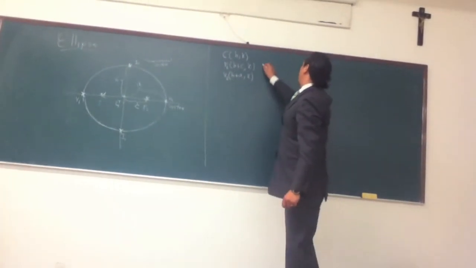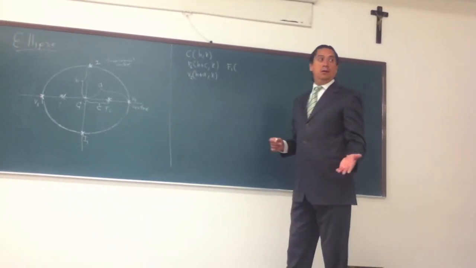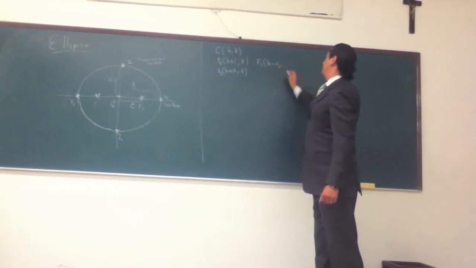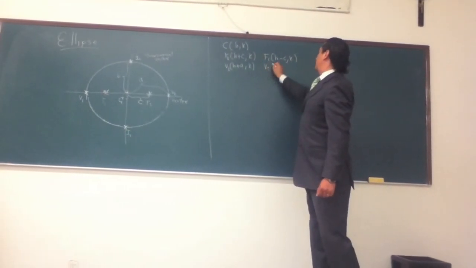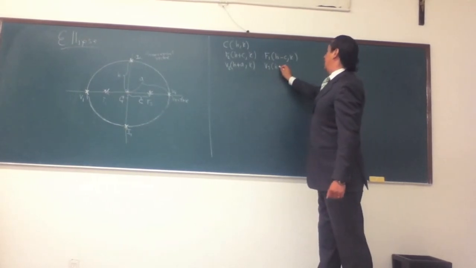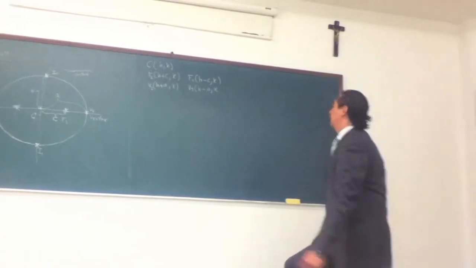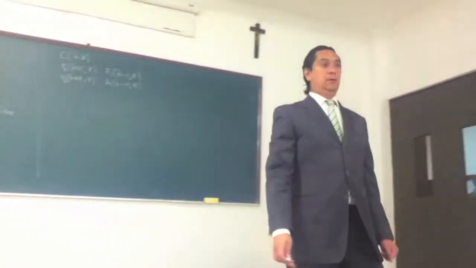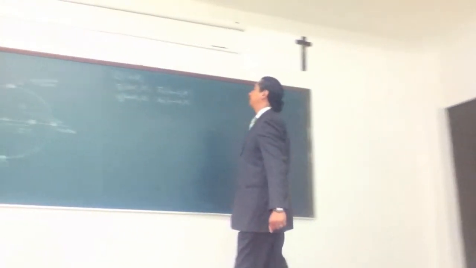The coordinate for focus 1 is (h minus c, k). Vertex 1 is (h minus a, k). Are we agreeing or not? Okay, very well.